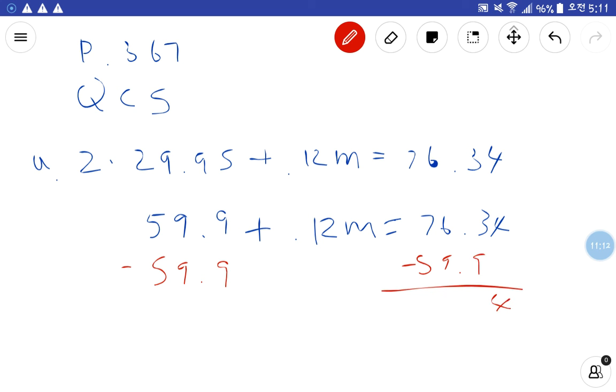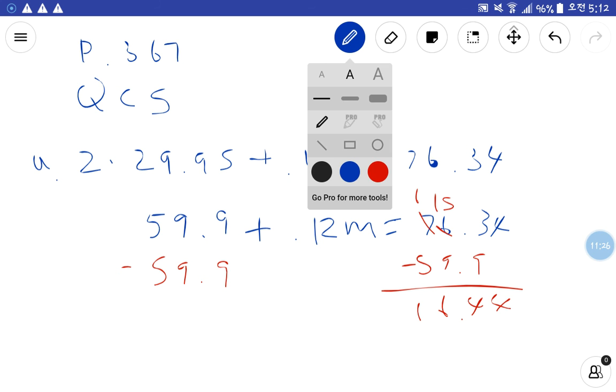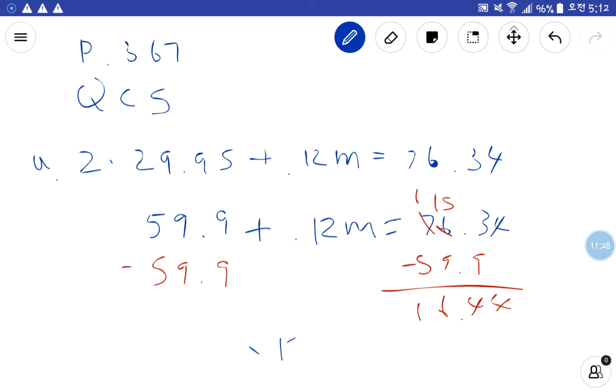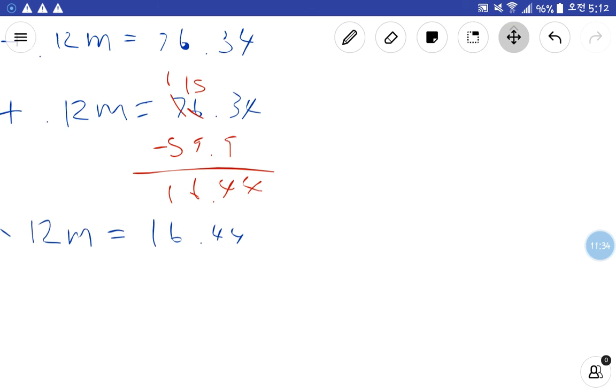And I got 16.44. And then now I have to divide by 0.12. So 0.12 m equals 16.44. Now I need to divide.